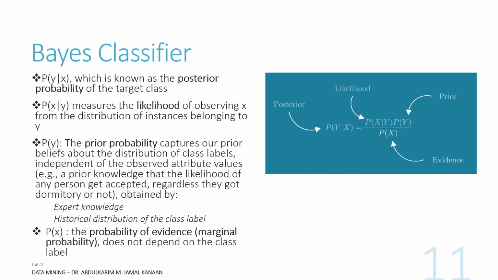Either from expert knowledge or based on the historical distribution of the class label, in other words, based on your data set. Finally, P(x) is called the probability of evidence, or the marginal probability, which doesn't depend on the class label. You can think of it as having marginalized y.